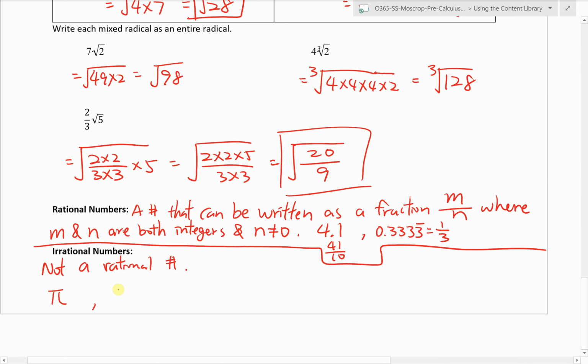Another example, and really this is the one that ties into today's lesson, is square roots. The square root of 3 is not a rational number. It is irrational, because if you put that into a calculator, it does not terminate, it does not end, it just continues without patterns. Square root of 5, square root of 2.